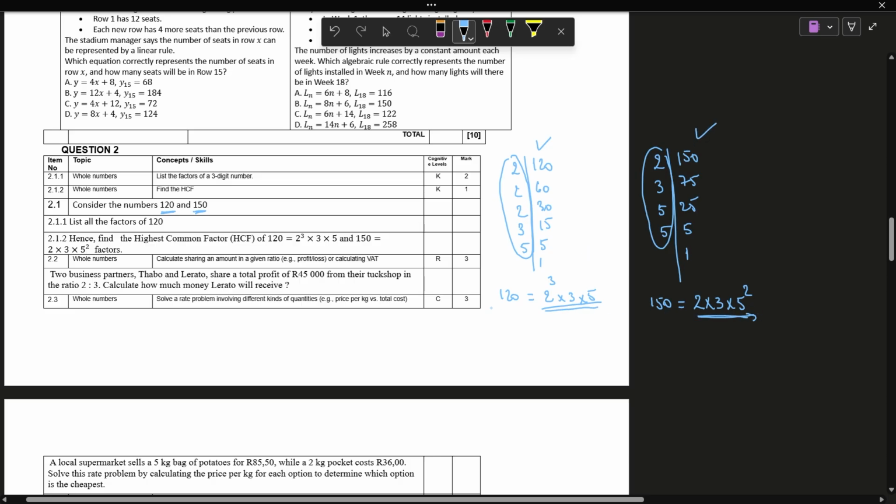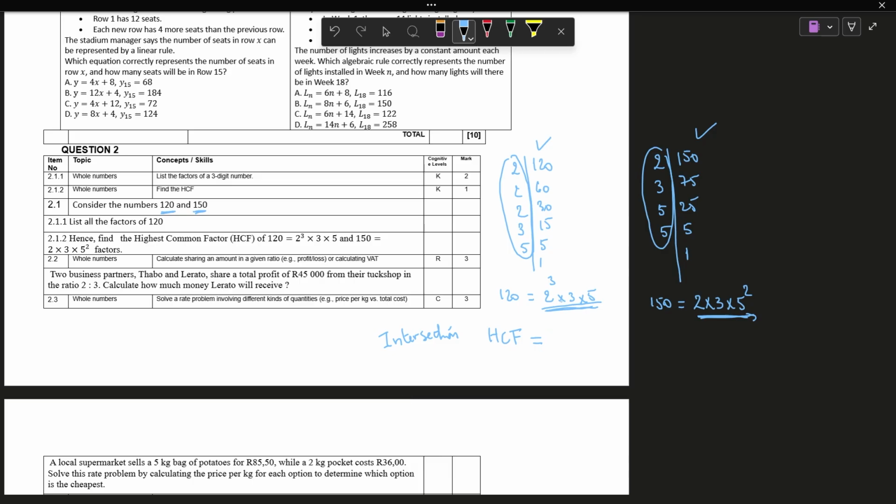Okay. And then for the highest common factor, now you're going to compare these two. The highest common factor is the same as the intersection. It means what you have on both sides.